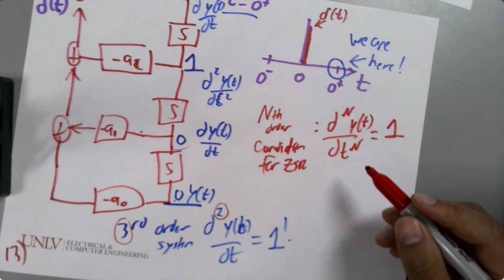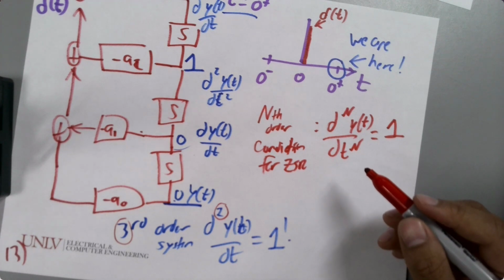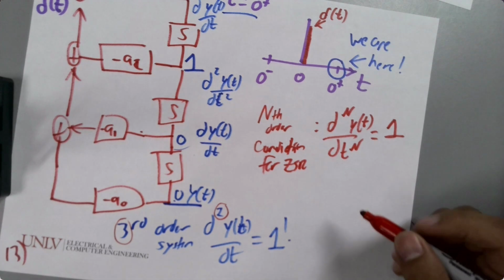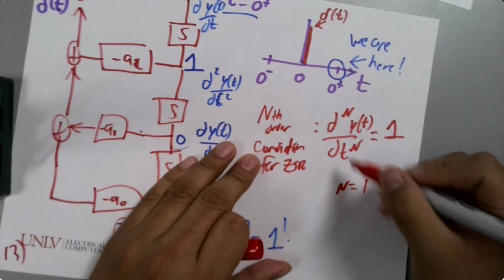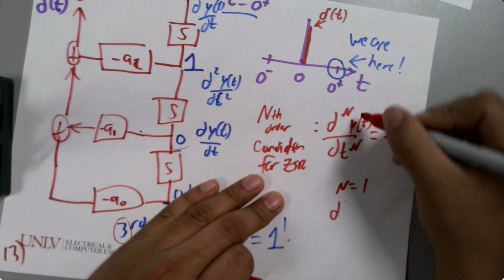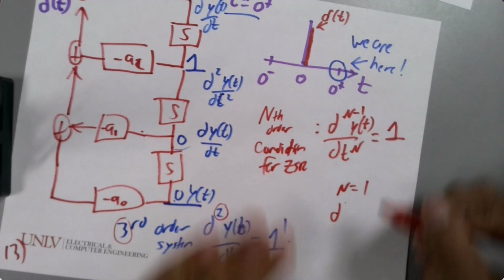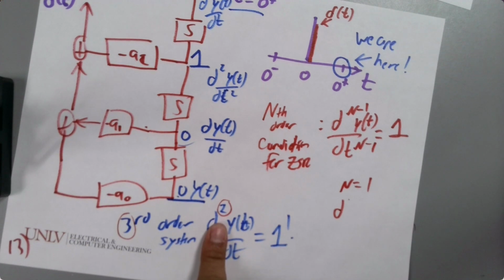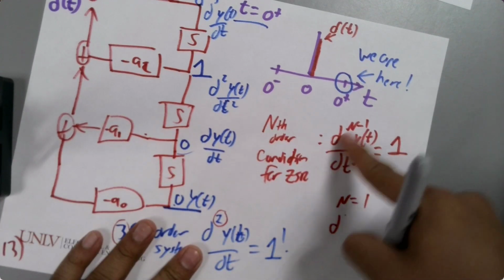So that means what happens when we have a first order circuit? If n is equal to 1, what is our condition? Or wait. There we go. Sorry. There we go. Does that make sense? Yes. Nth order d of n minus 1.